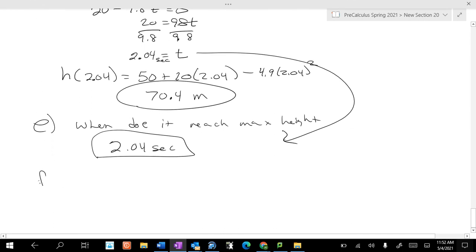And then, how long was the ball in the air? How do we figure out that?